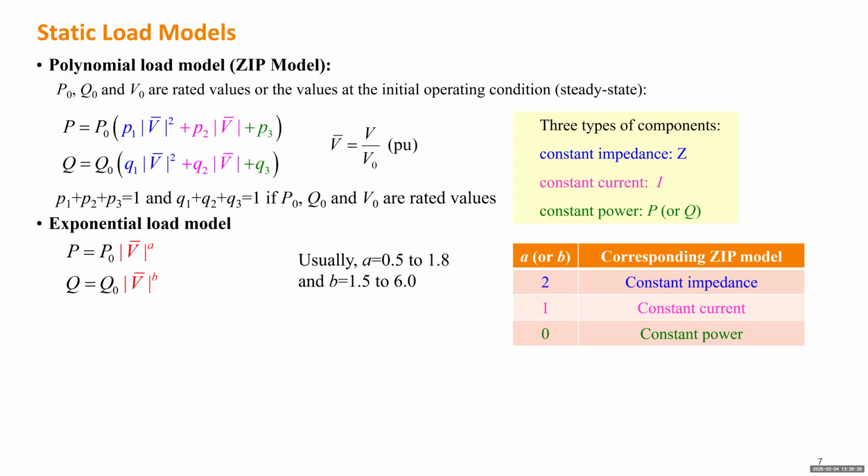Okay, let me ask a question. If my load has only constant impedance and constant current without constant power, and I modeled it by the polynomial load model, but now I want to use an exponential load model to represent it, what will be A?